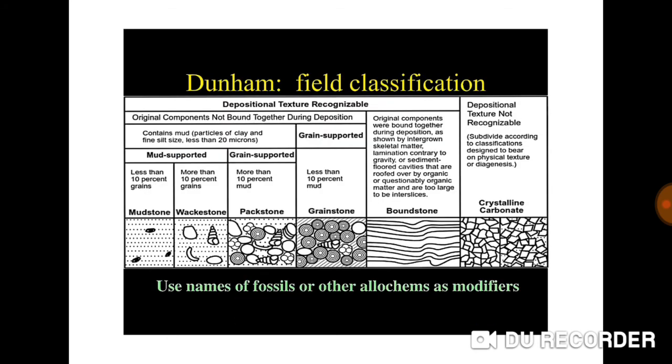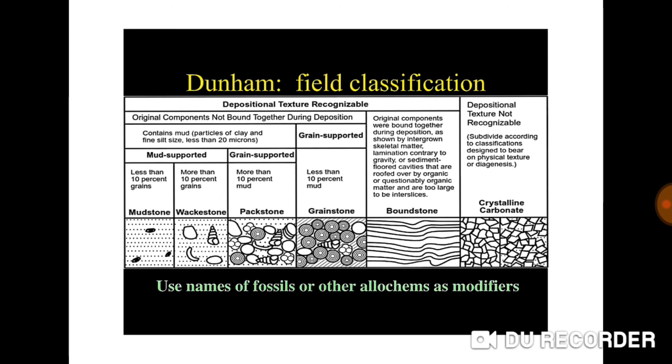Now the second classification is Dunham's classification. Basically, Dunham's classification is based on the concept of grain support, and this classification is broadly categorized into two groups. First is depositional texture recognizable, and the second is depositional texture not recognizable.